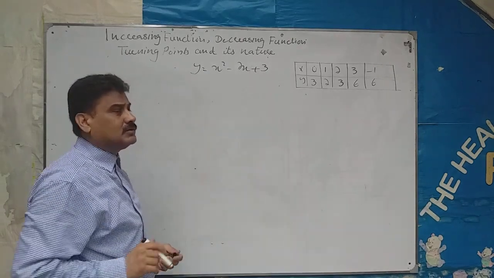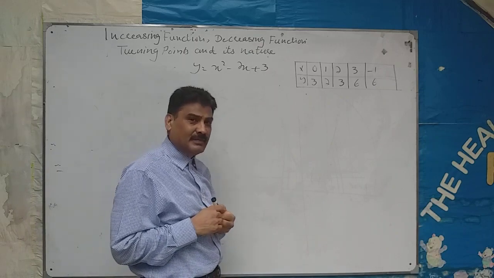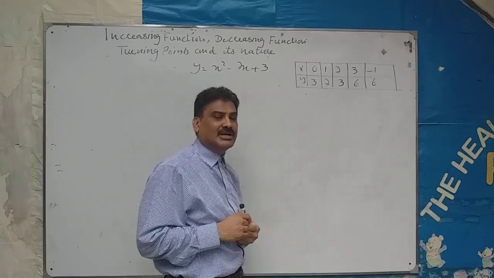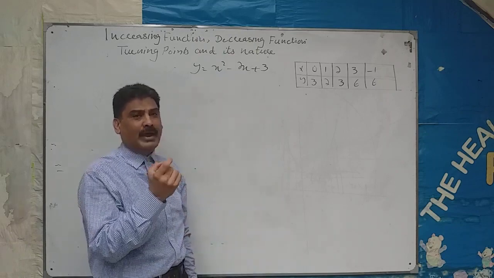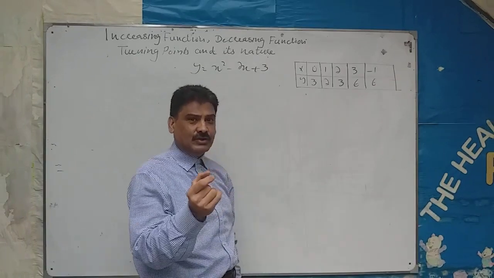There are two methods by which we find the nature of a turning point. In the first method, we find the first order derivative dy by dx. Suppose we have to check the nature of the turning point x is equal to a. We take 2 points, before a and after a, which are very close to a.